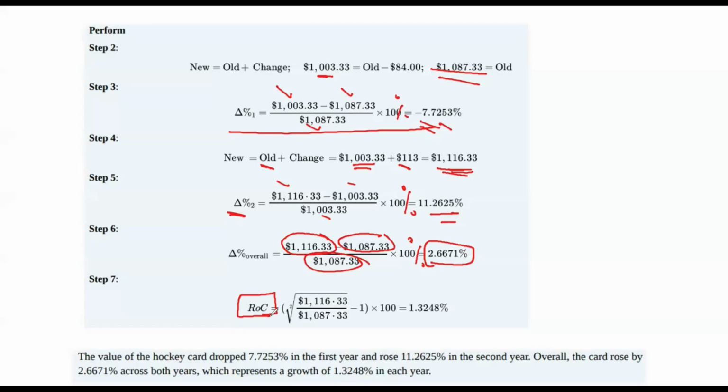So you get an average of how much it increased every year. Even though in the first year it decreased and the second year it increased, you do have an overall positive increase, right? That's what you look for on investments.